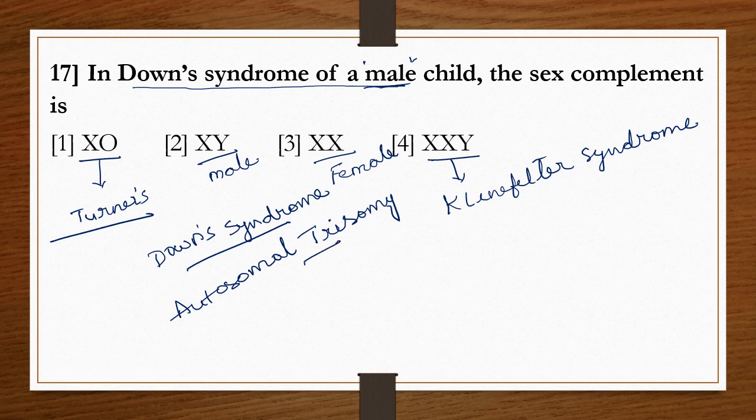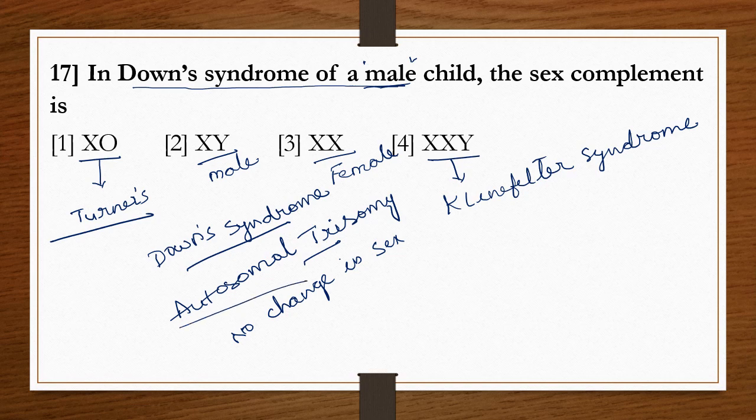Autosomal trisomy means there is no change in the sex chromosome. In Down syndrome, only autosomes are changed.